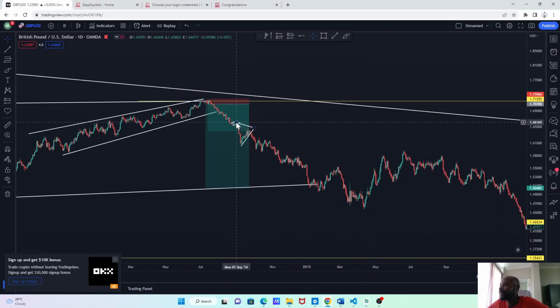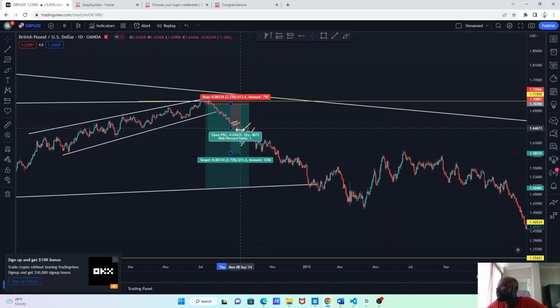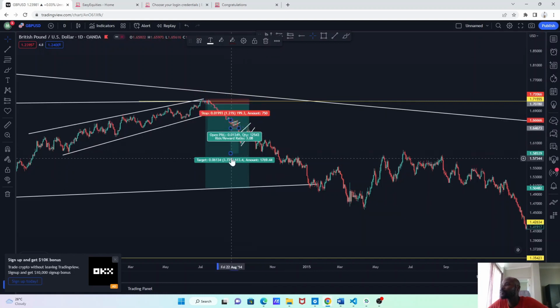It's either you put it like that, or some people would put it like that, so that they can say maybe it's forming an ascending channel or just some form of a wedge. Then if you miss this big one, you can enter this one on the smaller time frames, and you target the same area.